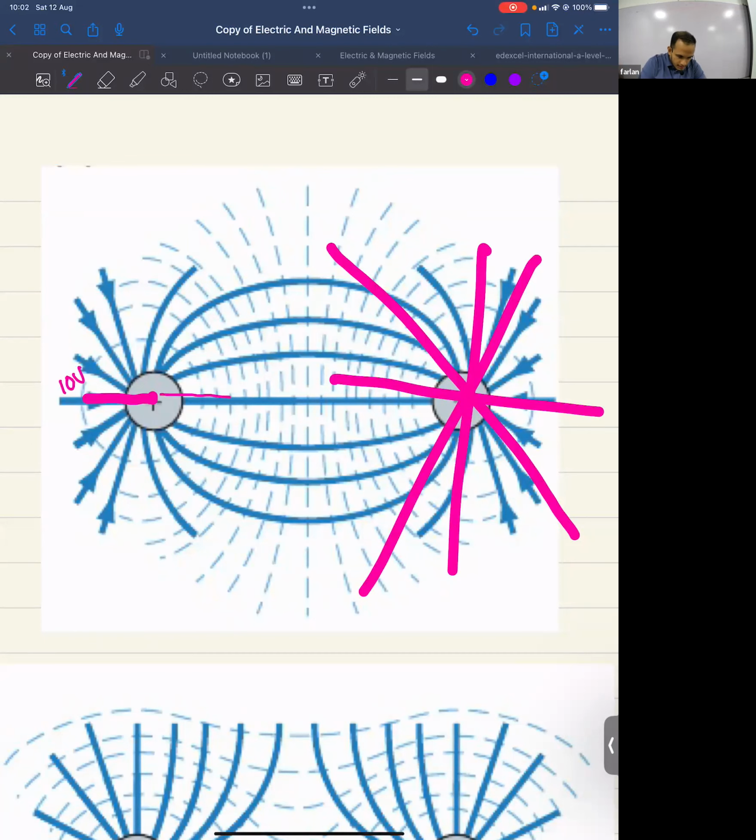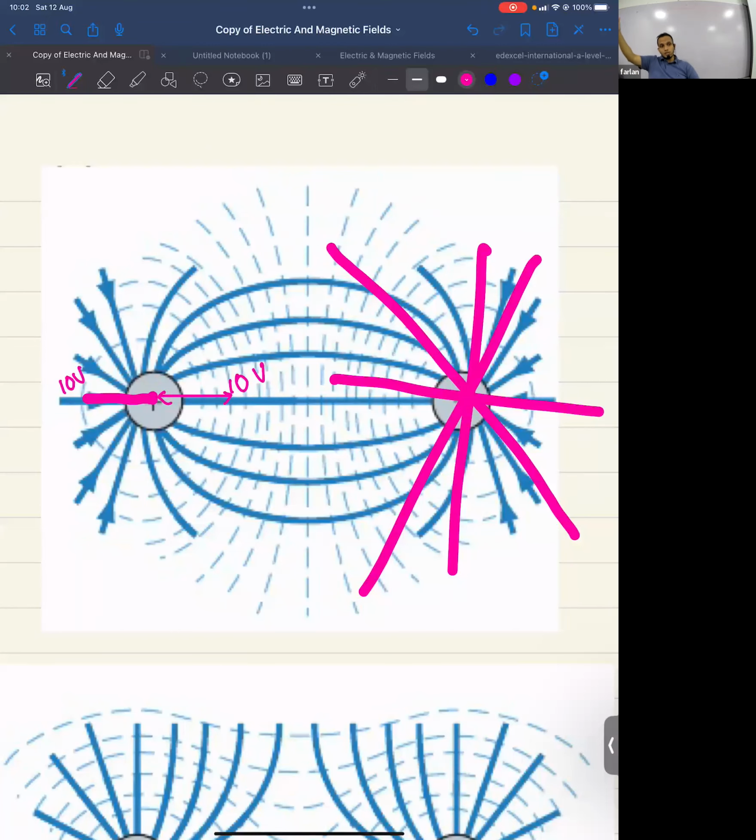Then even on the other side at the same distance, it will be 10 volts. Correct? If the negative charge was not there, on both sides at equal distance, the potential will be the same.